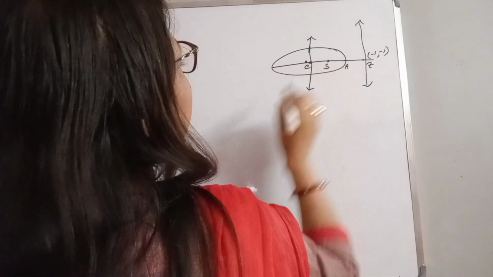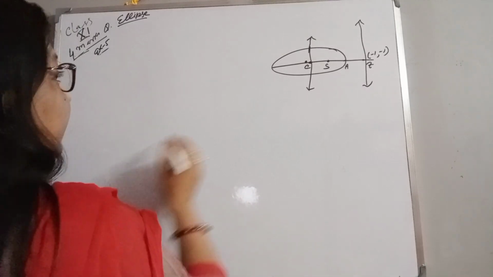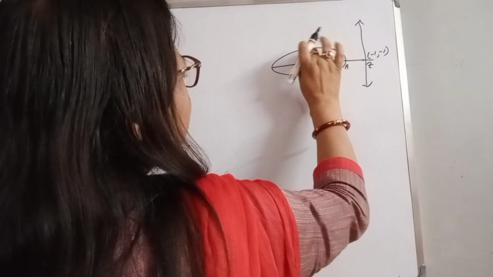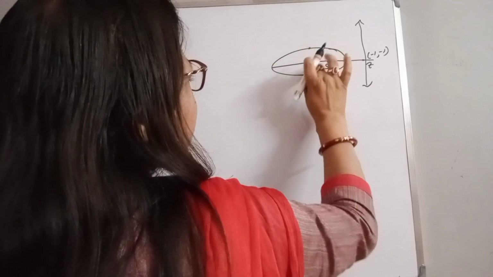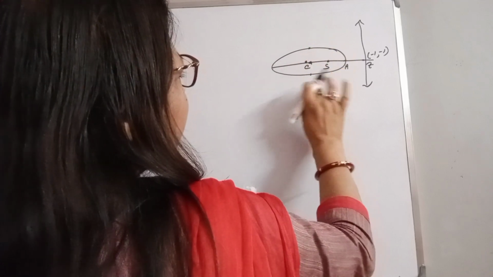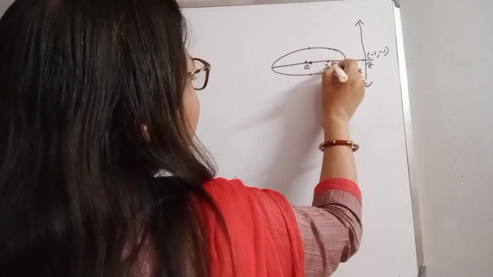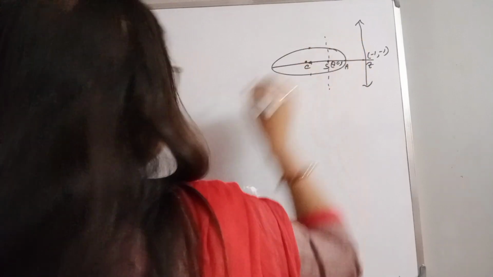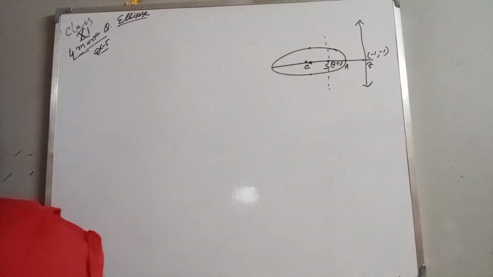Here AC is 0, 0. C is the center, we know this, and that means the y-axis from here we get. Okay, now AC is at 0, 0.